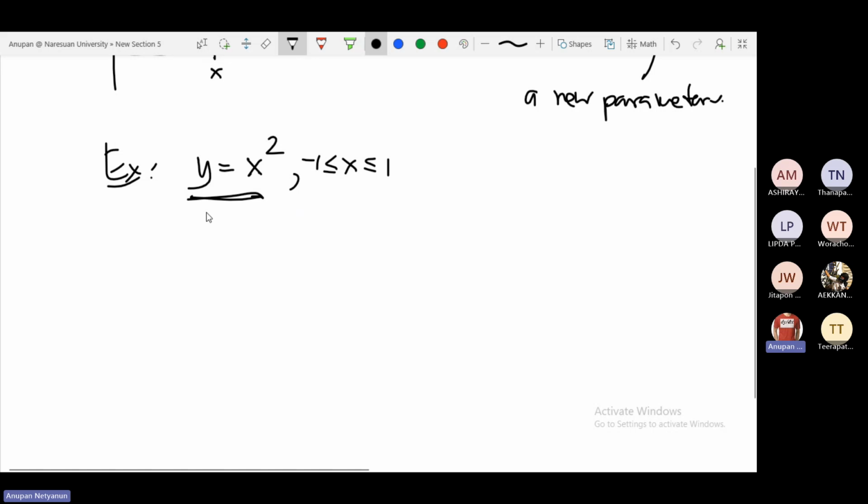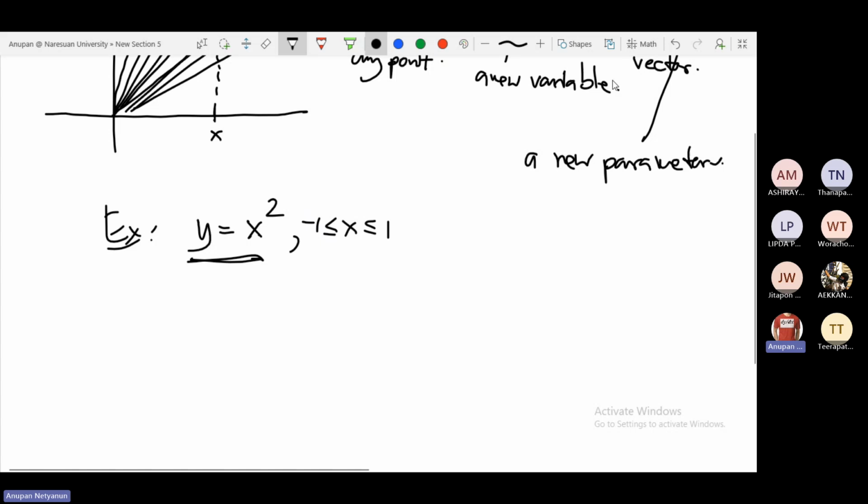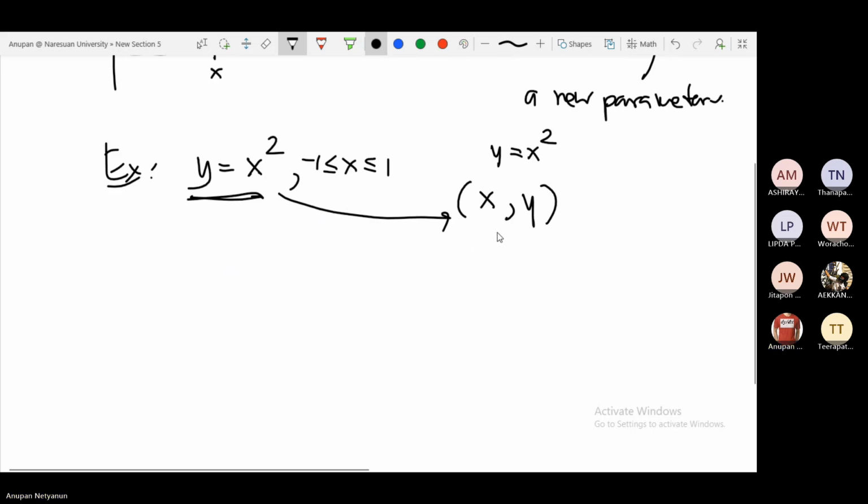Now, let me introduce a new variable, okay? So, since y equal to x squared, if x and y is corresponding to this parabola, with this relationship, which is y equal to x squared, then I know that I will have x and y is x squared, right?